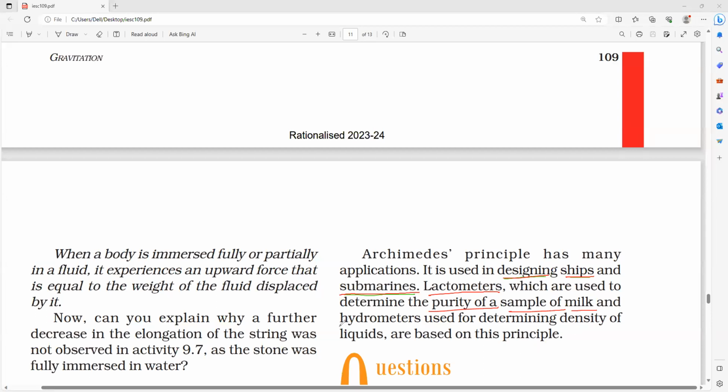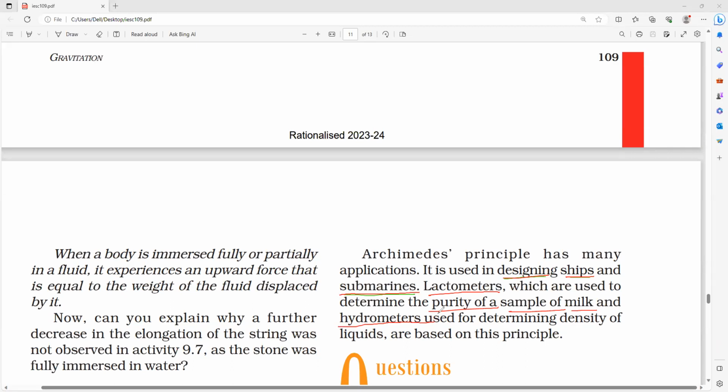Next, hydrometers. I already told you. What are hydrometers used to find? Relative density.